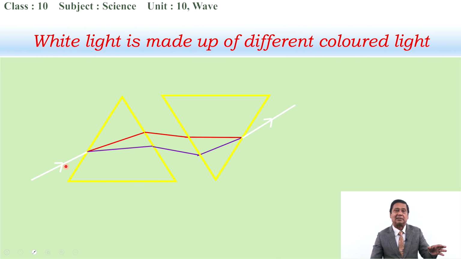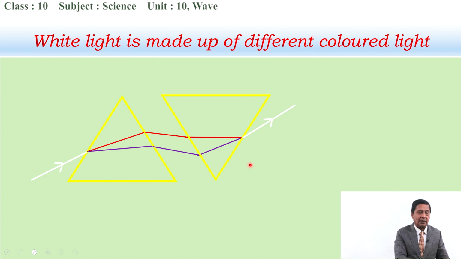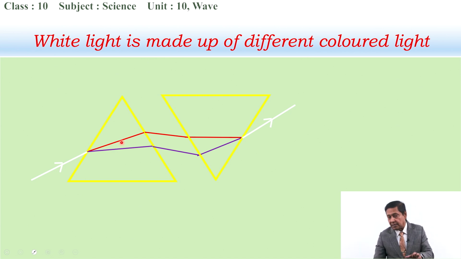Actually white light contains 7 different colored light. It can be proved easily with the help of these 2 prisms which are placed one after another, one in inverted condition. Once the dispersion appeared, and the second time the same dispersed light recombined to form white light. It proves that white light is made up of 7 different colored light.